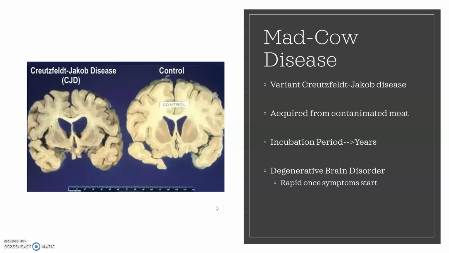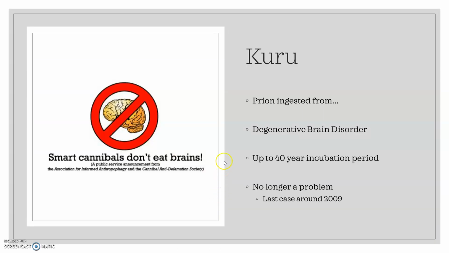Now, a variant of this that's no longer out there, because it blows my mind that people do these things, but they do, is Kuru. So Kuru was the same thing, a degenerative brain disorder caused by a prion, because some people decided, hey, let's eat brain. So the public service announcement: if you're a cannibal, don't eat brains.